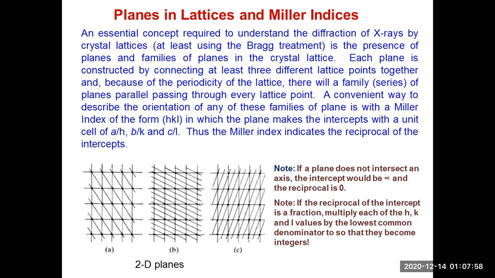Why are we doing this? We want to make that value an integer, so you will get a very simple value in simplified form. That is the reason we multiply the HKL values with the lowest common denominator.